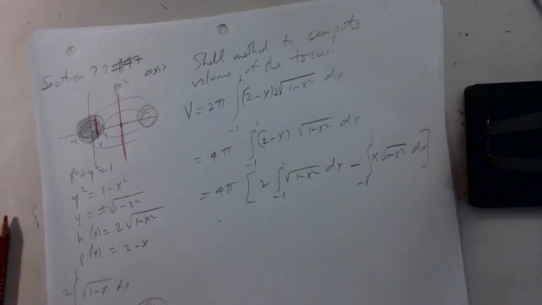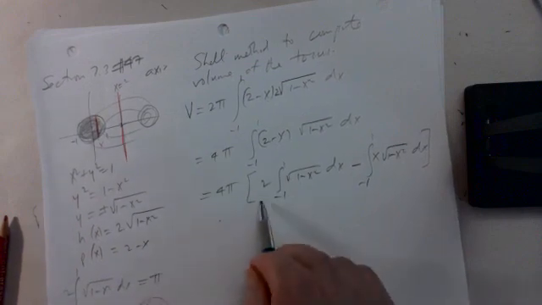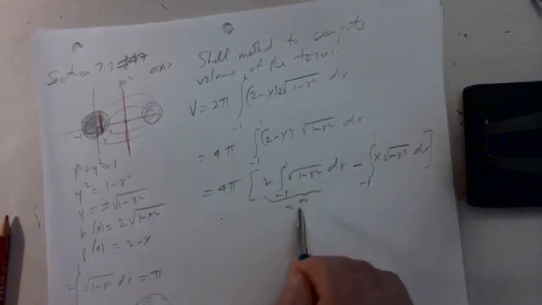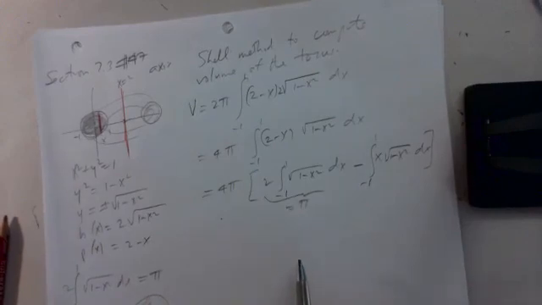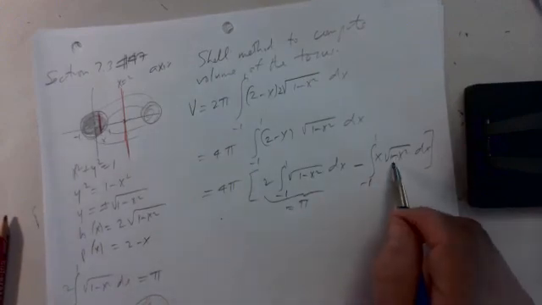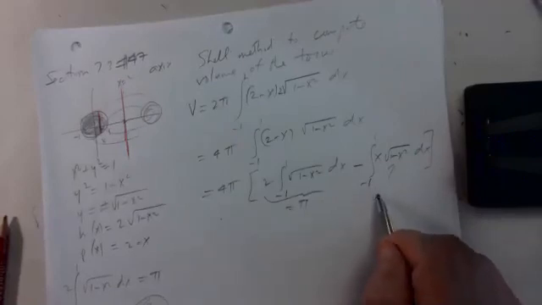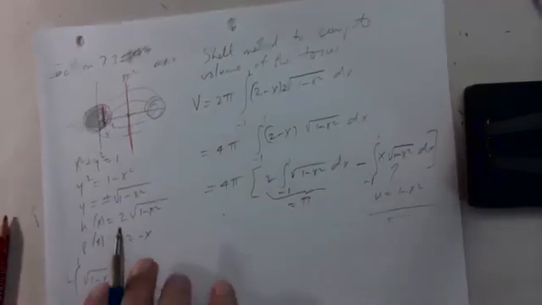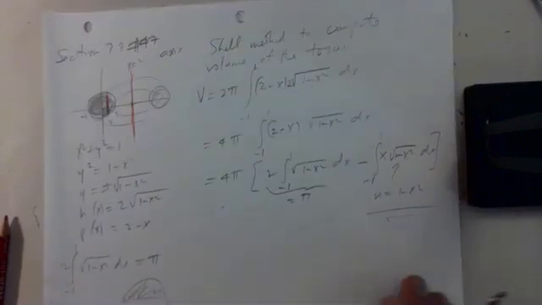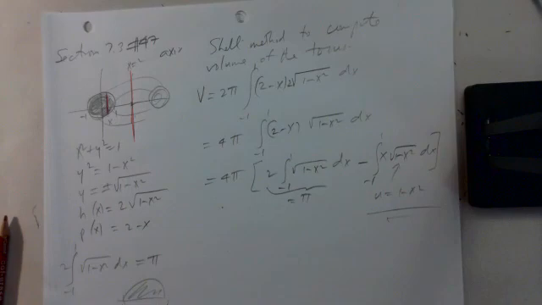A circle of radius 1 has area pi. So this integral is just equal to pi. For the other one, we make a substitution, u equals 1 minus x squared, and we can do the integral. That's a straightforward substitution. I can do it if you like, but that should not be extremely difficult.